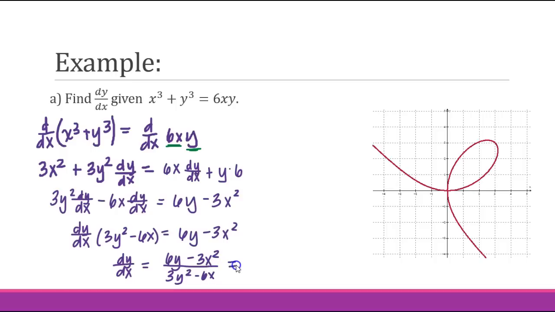An exact same answer would be a positive 3x squared minus 6y in the numerator, over 6x minus 3y squared in the denominator. If you notice, all the terms have the opposite sign because it's like factoring out a negative and throwing it to the denominator. So both of these are correct answers.